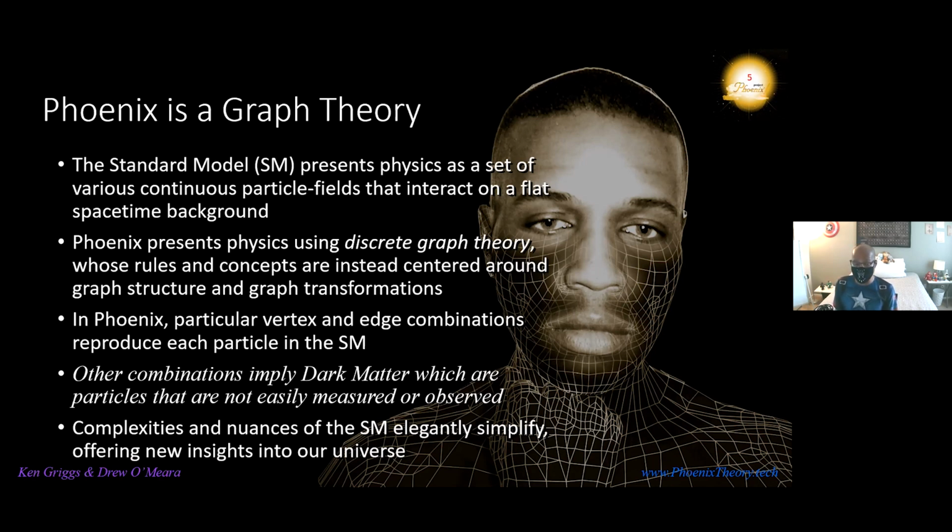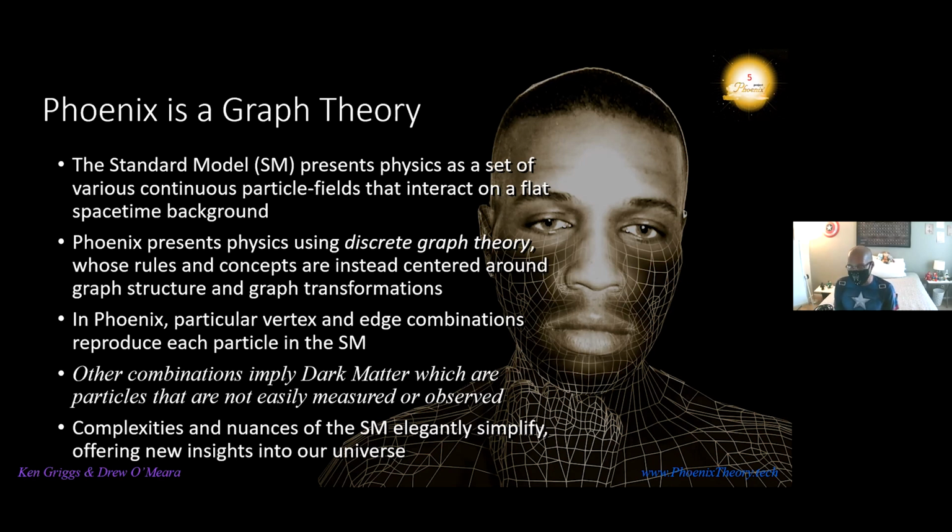What's important about it is that there are very simple construction rules about how you assemble particles, what constitutes a particle, and also what constitutes how particles interact and how they transform. Phoenix very basically uses vertices and edges in order to combine these vertices that we'll talk about into particles.